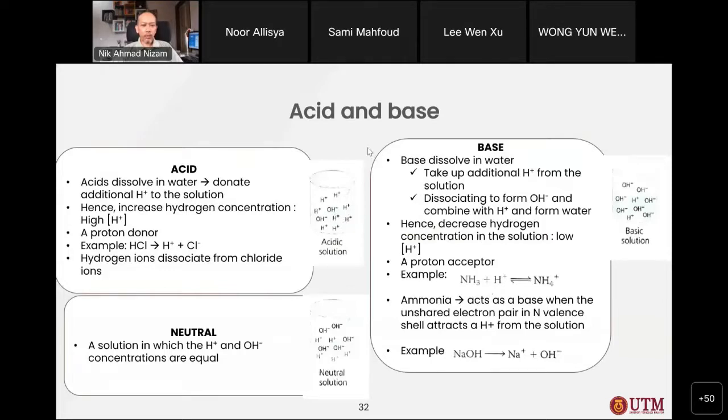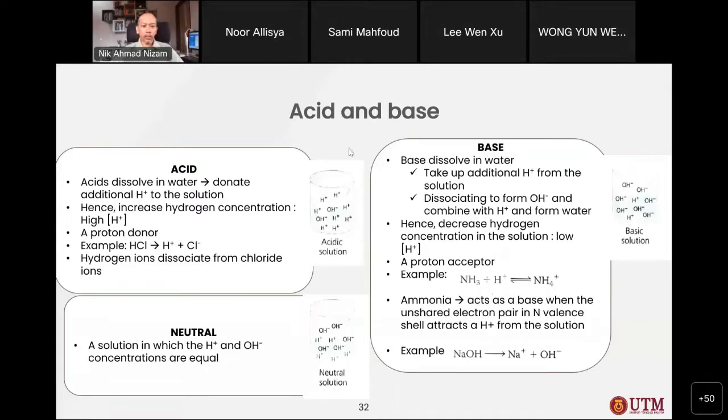So once we put hydrochloric acid, for example, or H2SO4, sulfuric acid, those contain a lot of H plus.